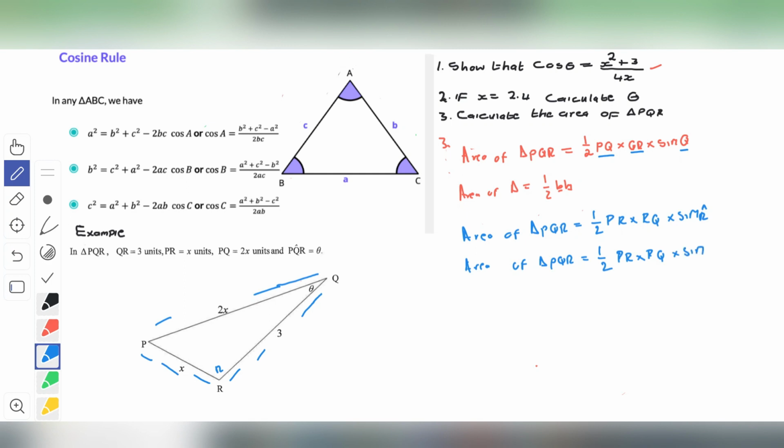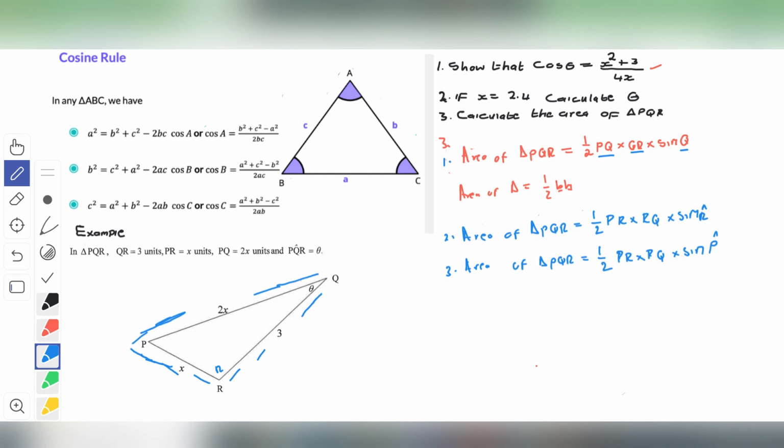And how do we choose an angle? We check, we used PR and PQ, and PR and PQ form which angle? We can see that they form angle P. Right. So these are the three formulas that we have whenever we want to calculate the area of a triangle.